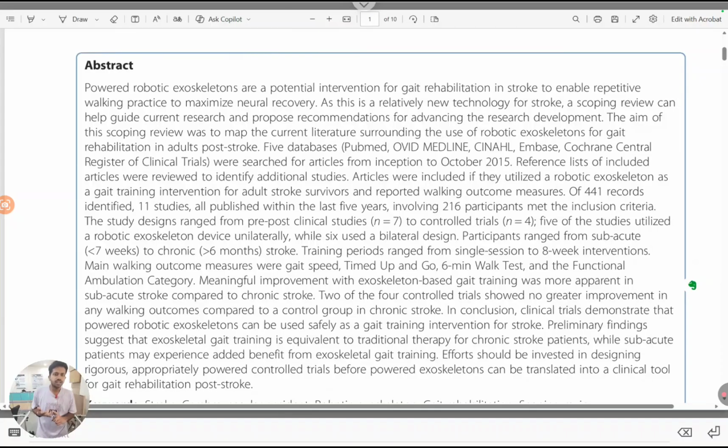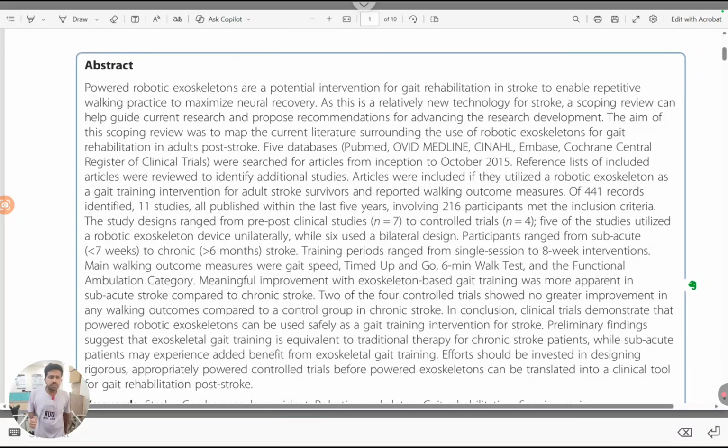PubMed, Ovid MEDLINE, CINAHL, EMBASE, and the Cochrane Central Register of Clinical Trials. Searched for articles from inception to October 2015. Reference lists of included articles were reviewed to identify additional studies.